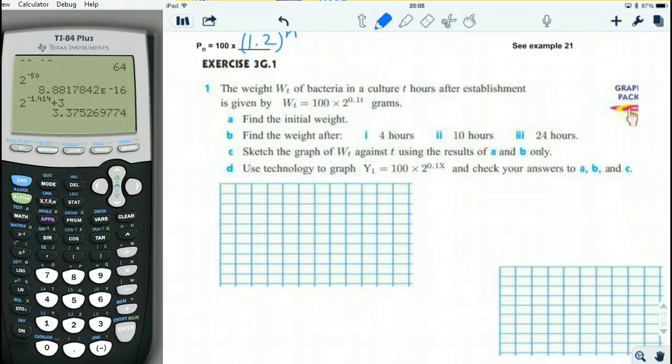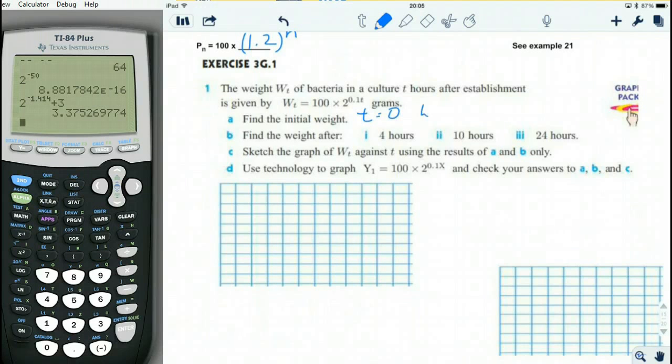The weight W_T of bacteria in a culture T hours after establishment is given by W sub T equals 100 times 2 to the 0.1 T grams. Find the initial weight. Okay, well the initial weight would be the weight at T equals 0.